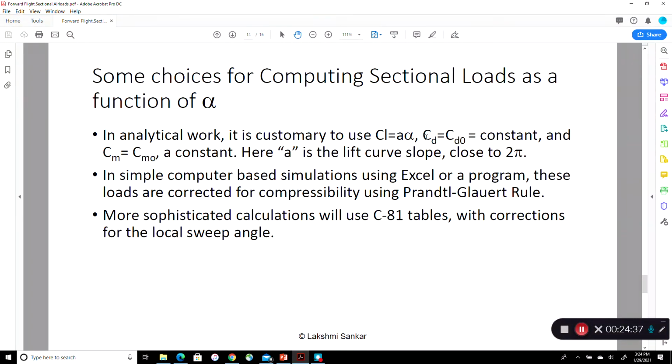It's also common practice to assume the drag to be some nominal constant, and the pitching moment at the quarter chord to be a nominally constant value. Again, more sophisticated calculations will use C81 tables with corrections for the local sweep angle, unsteady aerodynamics, dynamic stall effects, and Mach number effects.